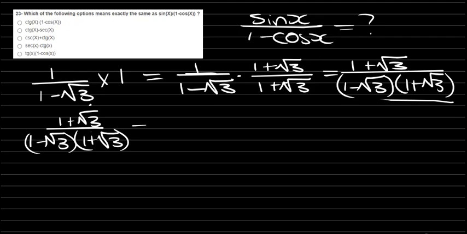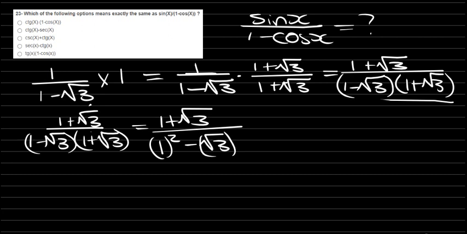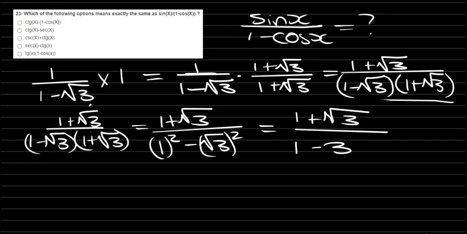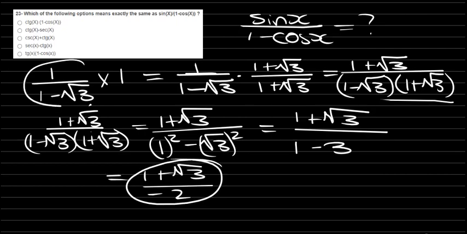And according to our factorization approach, the denominator equals 1 squared minus root 3 squared. Right? And this gives us 1 plus root 3 over 1 minus 3, which equals 1 plus root 3 over minus 2.